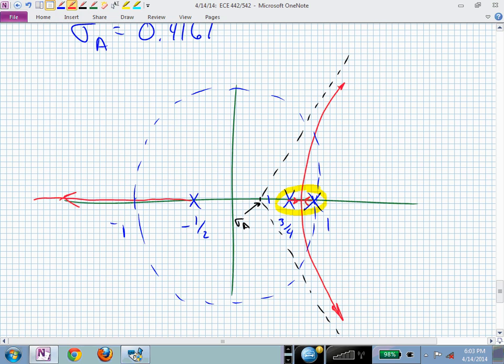How many branches of the root locus do I have? How many root locus branches do I have? This could be a question on the exam. Pardon? The number of poles. It's not a hard question, is it?